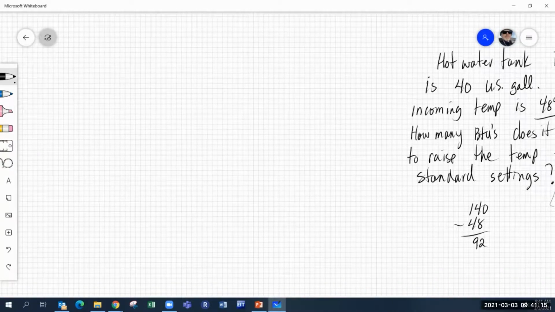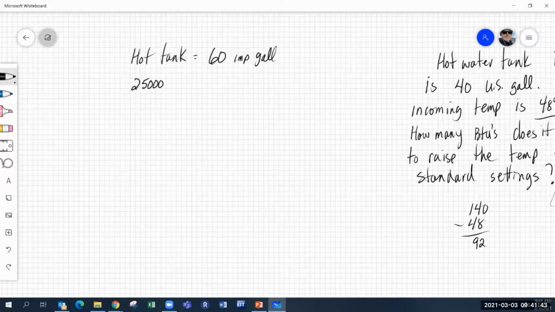Okay, we have another question for you here. We have another hot water tank. I have a hot water tank that has 60 imperial gallons. And it has an input rating of 25,000 BTUs per hour.